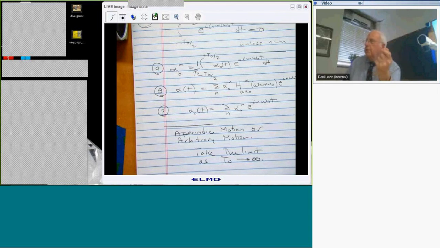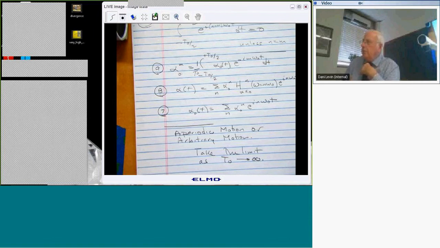Now there's another subset of this called random motion, and there's a special theory associated with that, and we'll talk about that. You'll be happy to learn that the transfer functions are a key part of dealing with random motion. And so that will lead us to a concept called the correlation function, and its Fourier transform, which is the power spectrum. Bad name, but that's what everyone calls it.